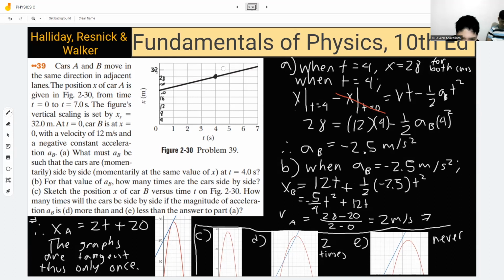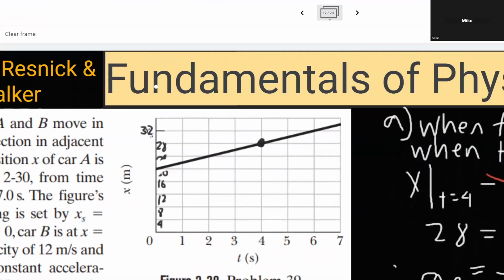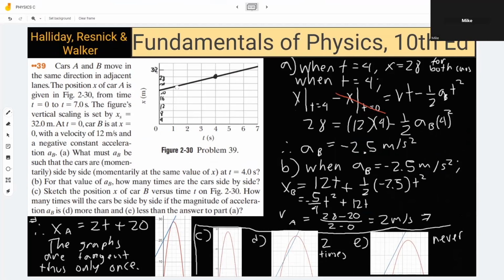Hindi ko na po ano. Inano ko lang po yung... So X. So for the first car, so for car A, yung scale... Check ko yan. This is number 39. So, yeah, tingnan ko yung ano.